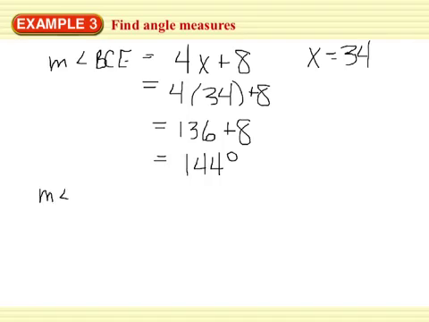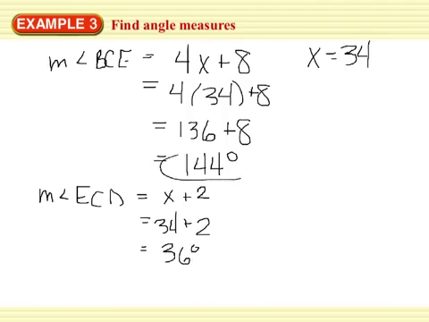And the measure of angle ECD is x plus 2. Substitute. I have 34 plus 2 equals 36 degrees.